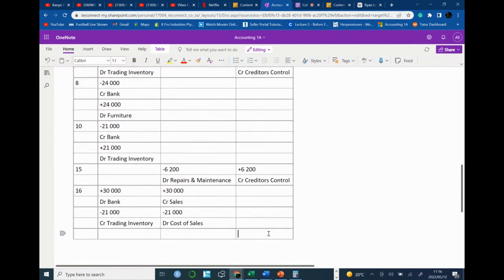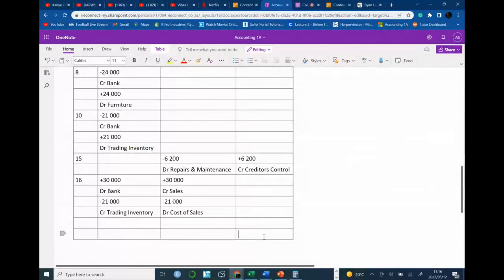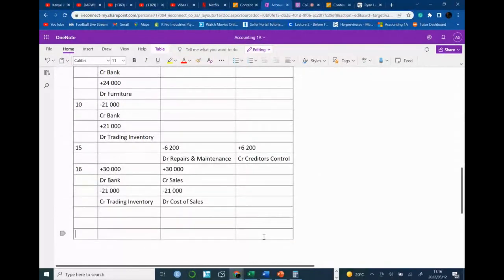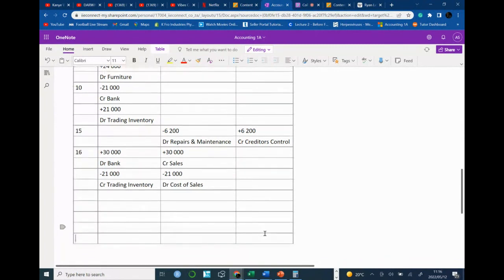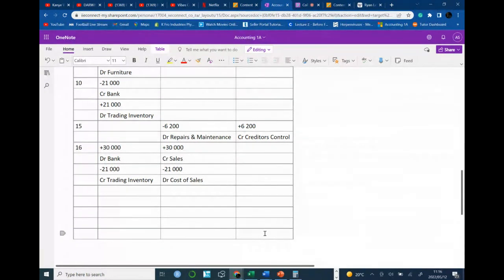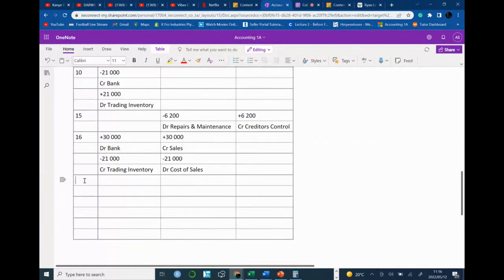We can then go on to the 25th. And what is going on over there? It says pay the bookkeeper's wages of 6,000 via EFT.